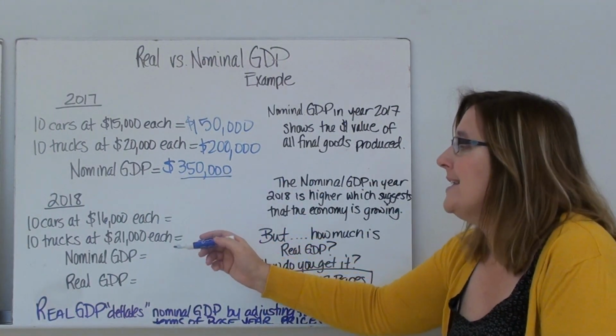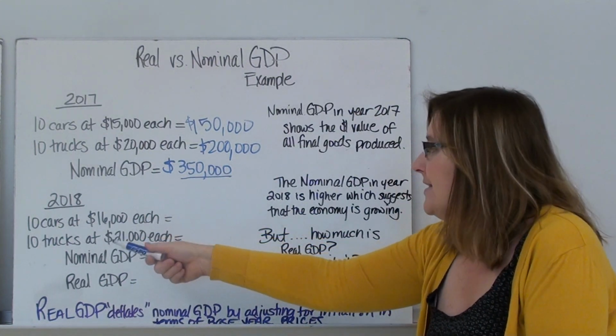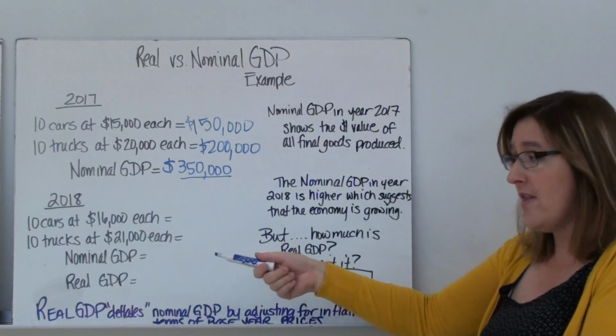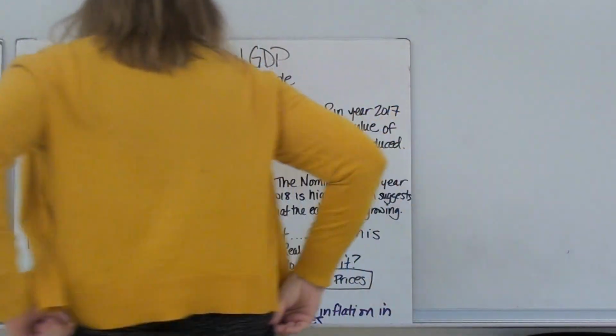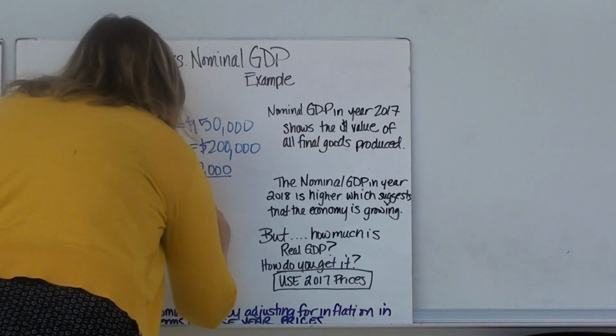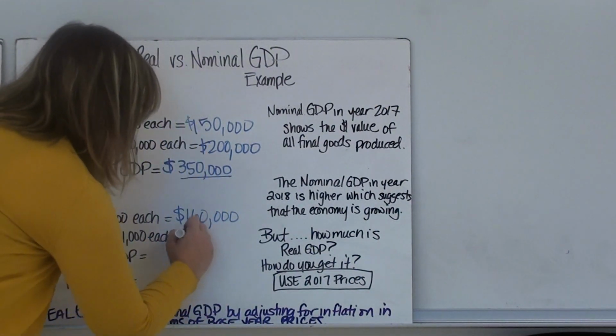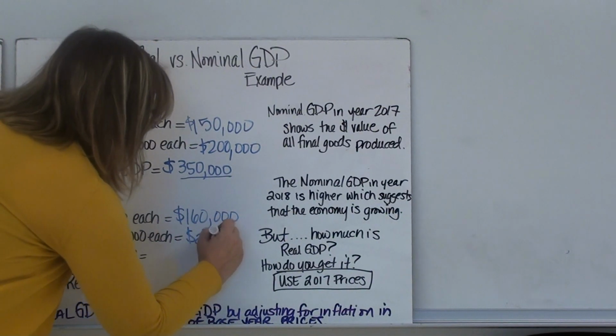Then in 2018, they did 10 cars, but the price was $16,000, and they did 10 trucks, but the price was $21,000. So if we do the math again, the price of the cars will be $160,000, and the price of the trucks will be $210,000.